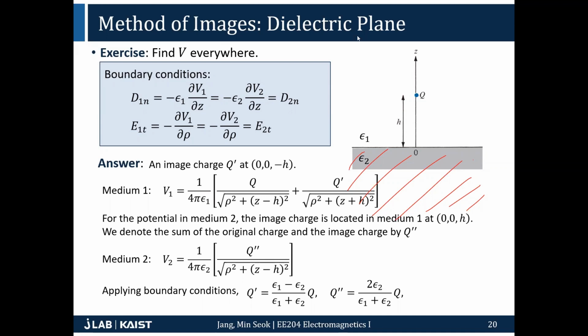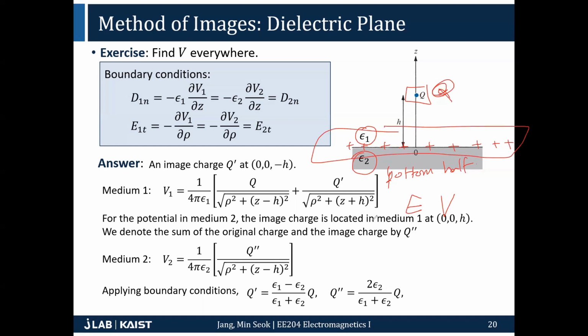Another thing you notice is, let's think about the actual situation. You have Q, and because you have a boundary between two dielectrics, you must have some sort of surface charges at the interface, surface bound charges, right? And if you want to calculate the electric field or potential in the bottom half, you need to take into account the effect due to the original charge plus this distribution, right?